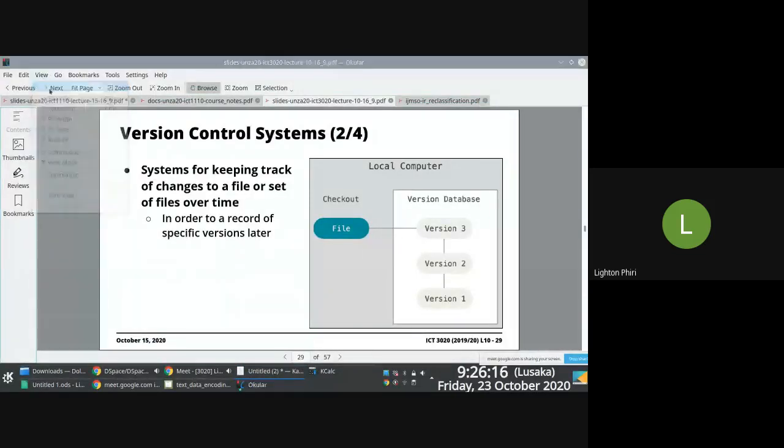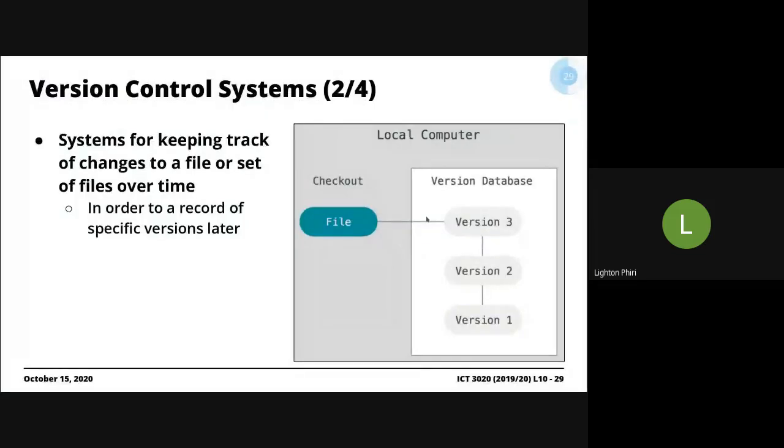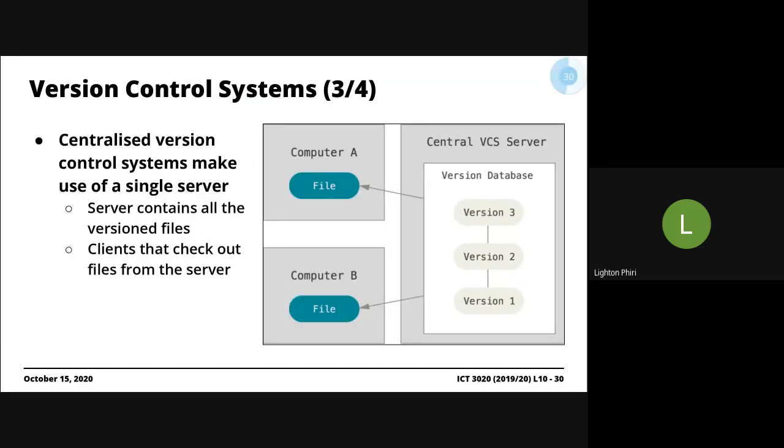Okay, so now that this is a thing here, it turns out that using a version control system is one thing, but there are different types of version control systems. There are so-called centralized version control systems, where the idea is you make use of a central version control system server that is going to serve as a single source of truth.